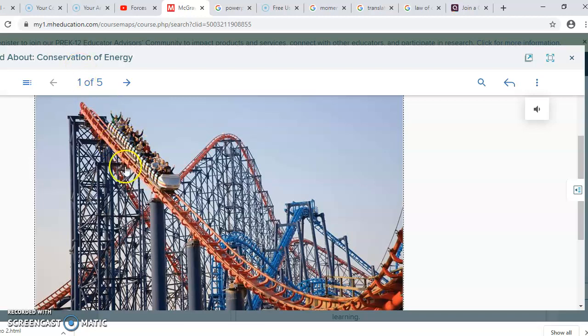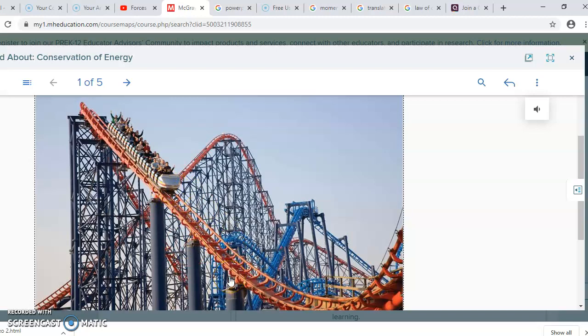Look here, you can see this car at the top of the roller coaster. When the car is at the top, it has what? The most potential energy. When it starts moving, this potential energy starts changing into kinetic energy.